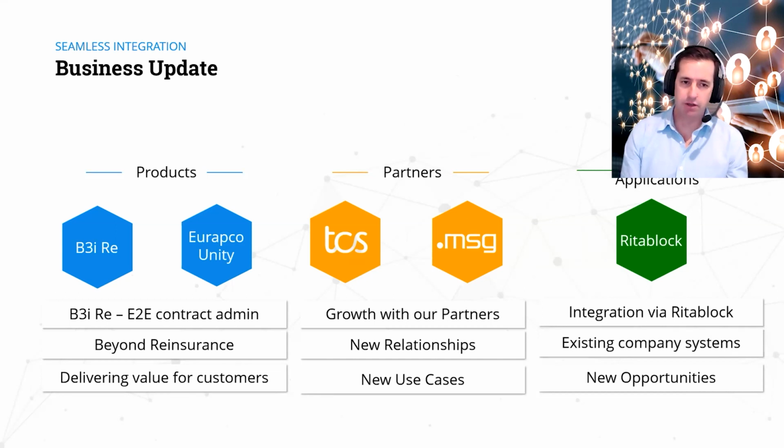With MSG, who we've been working with for some time as a trusted partner, we've launched ReInLab, a co-innovation space for the insurance industry. Some of you might remember that last year we also demonstrated integration with FS RI that we worked on with MSG.